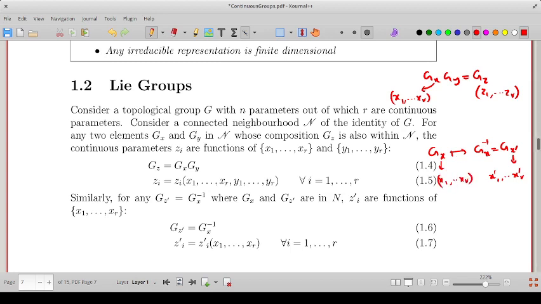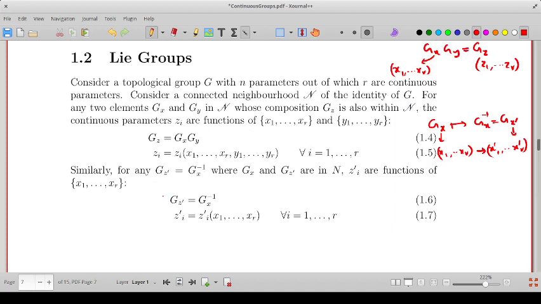So this inverse mapping actually defines a mapping from the set of values x1 etc. up to xr to the set of parameter values x1 dash etc. up to xr dash. Sorry, in the notes I have, instead of x dash I wrote z dash. Let me do that over here. So this is z1 dash etc. up to zr dash. So this parameter z dash i is a function of x1, x2 etc. up to xr.